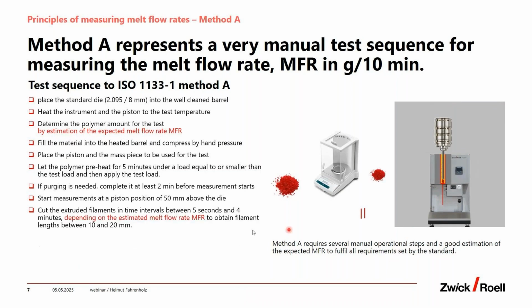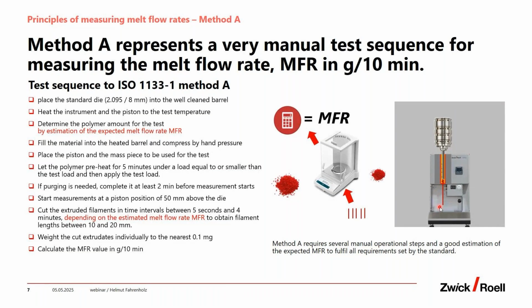So during the test, the piston will go down. You cut the filaments and you weigh the filaments. So in the easiest or in the most simple method, the cutter turns in a constant time interval. So it means you know how much time was needed to produce a filament of a certain weight.